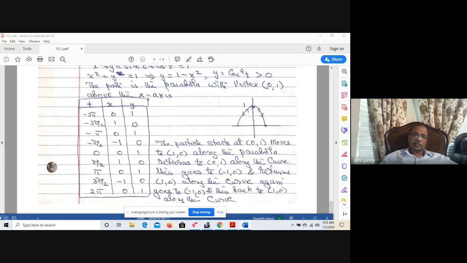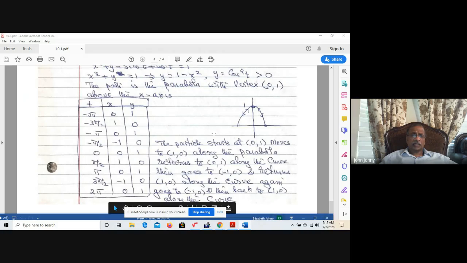Then it comes back, again it comes here, again it comes back, and it repeats several times. The particle starts at 0, 1, moves to 1, 0 along the parabola, returns to 0, 1 along the curve, then goes to negative 1, 0, and returns to 0, 1 along the curve, again goes to negative 1, 0, then back to 0, 1 along the curve.